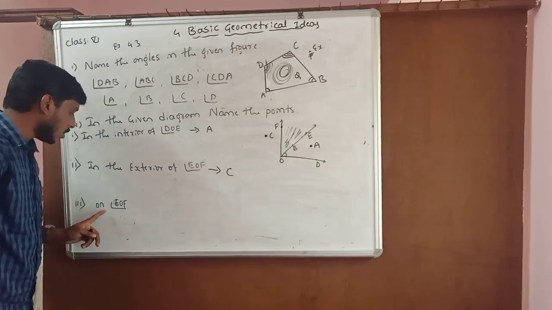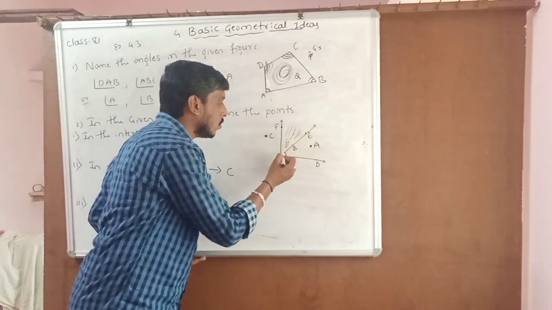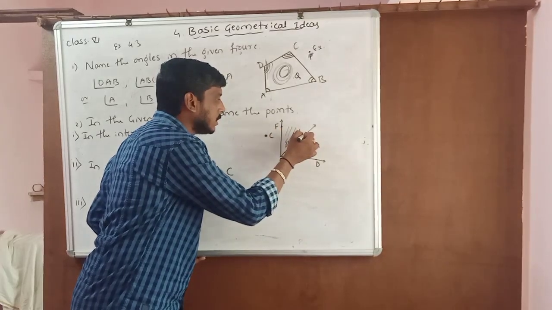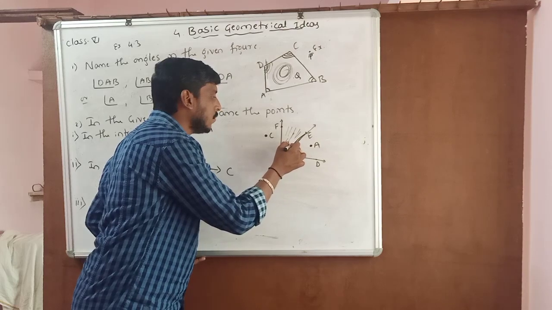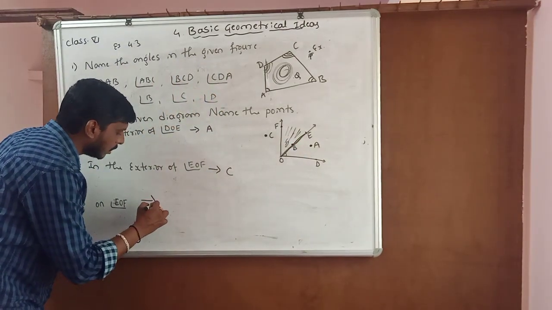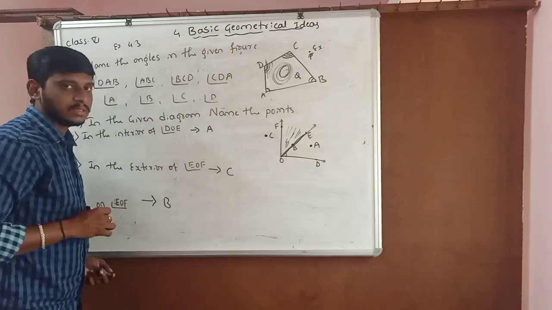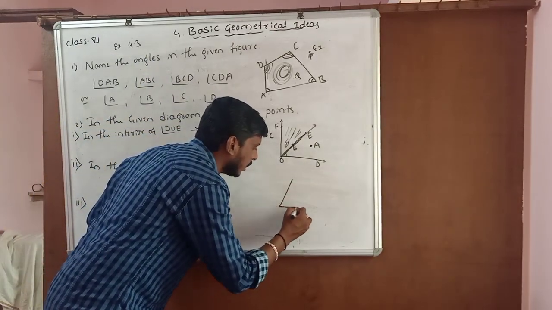The last one is on EOF. On EOF means here, this EOF. On means a particular point lies on a particular line. So on EOF, which point lies? Point B lies on EOF. Don't get confused. One more question, just for the sake of simplicity.